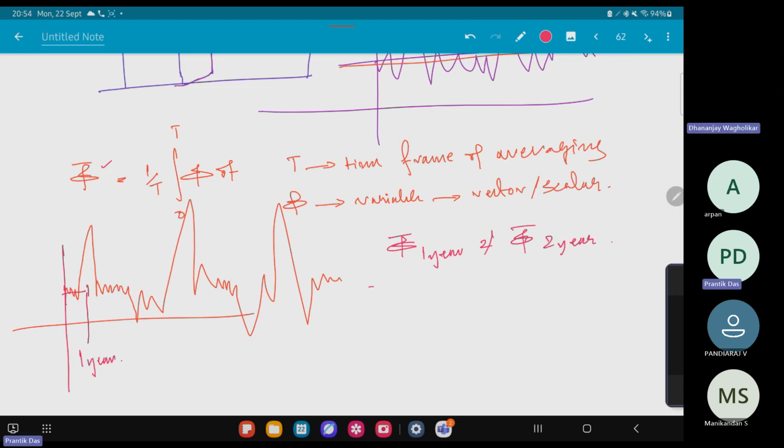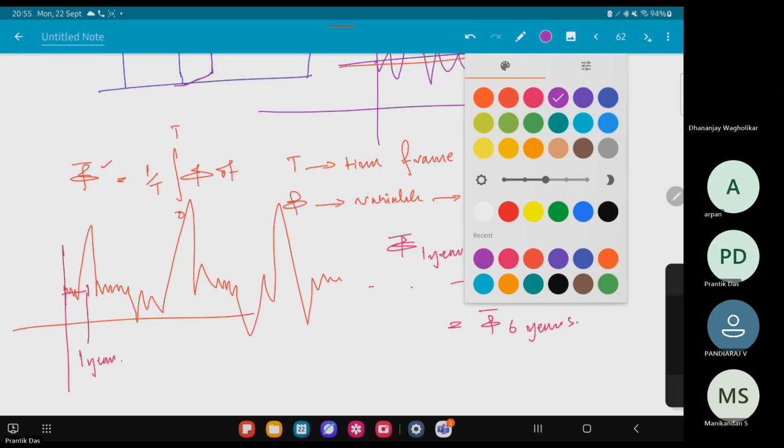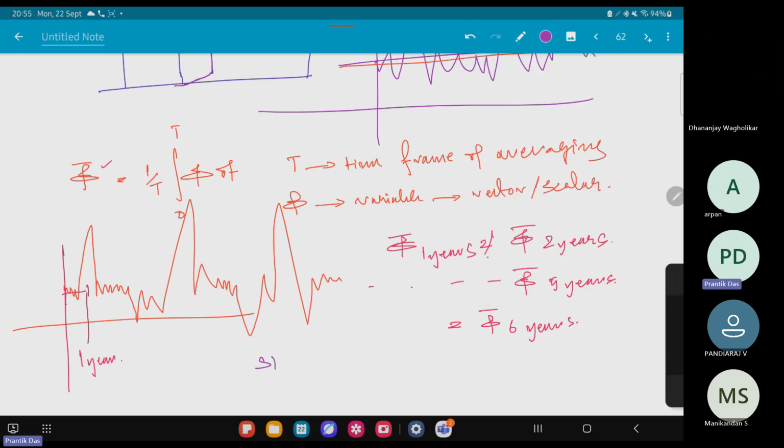But I should increase it on and on. So when I see that the average for 5 years is basically equal to the average for 6 years, then I can say that my statistical convergence has been reached.